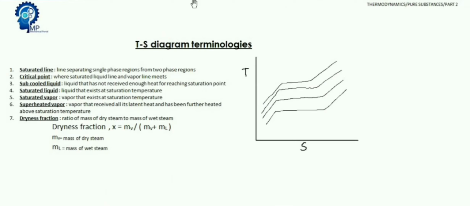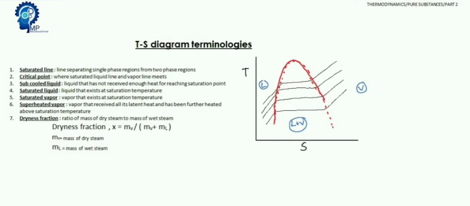Now let's move on to TS diagram terminologies. We are focusing on the liquid plus vapor and vapor regions. These are the isobars drawn at various temperatures and entropies for a process. Now I am going to connect these points where the phase changes occur, and I will get a curve like this.